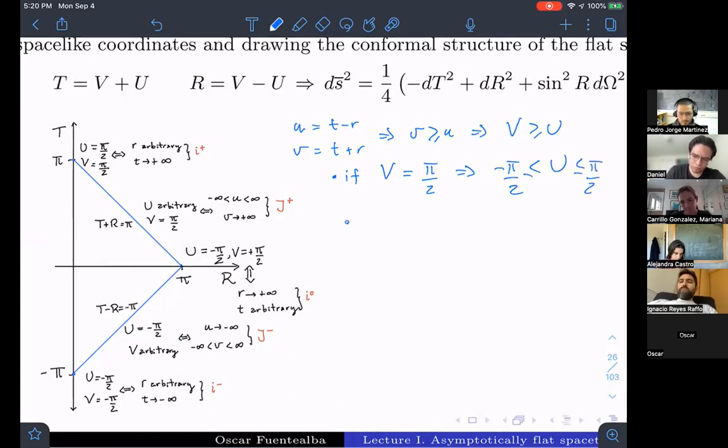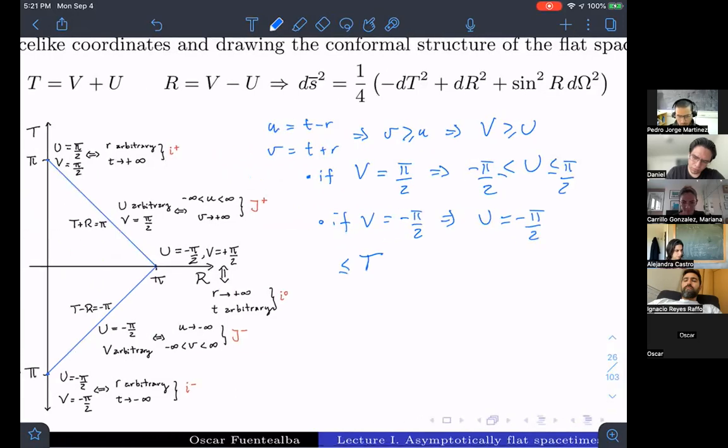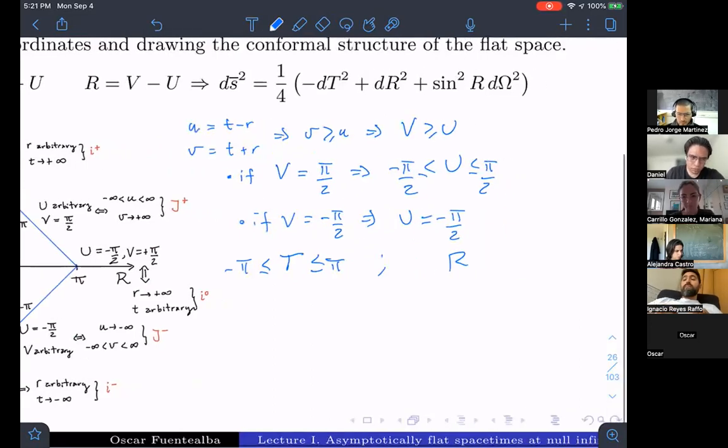But if capital V is equal to minus pi halves, this necessarily means that capital U is equal to minus pi halves. This immediately tells us that the range of the timelike coordinate is going between minus pi and pi, and also that the capital radius, capital R, is going from 0 to pi.